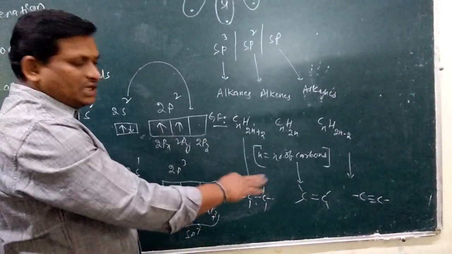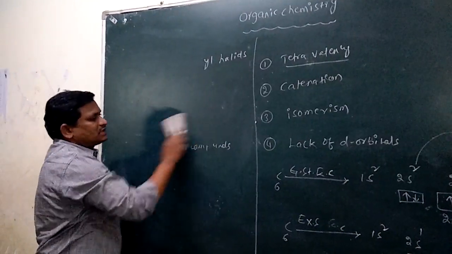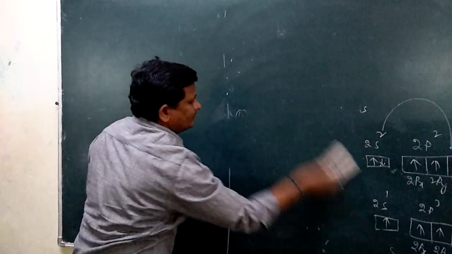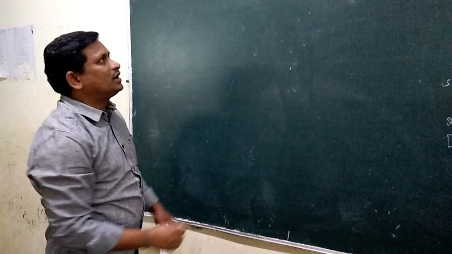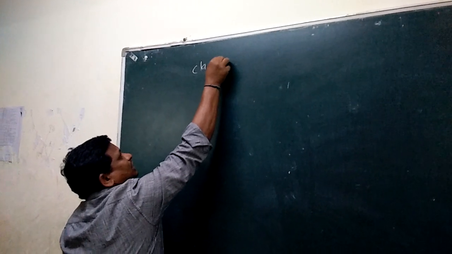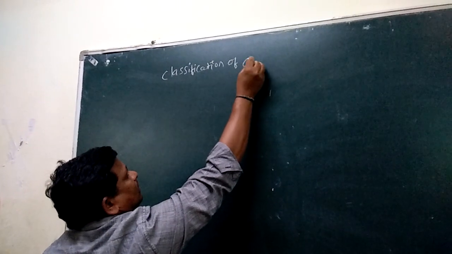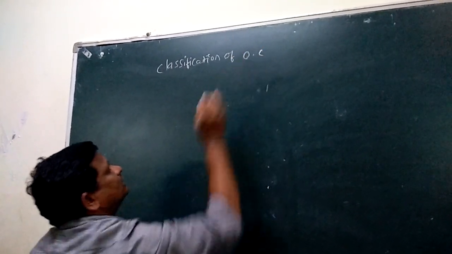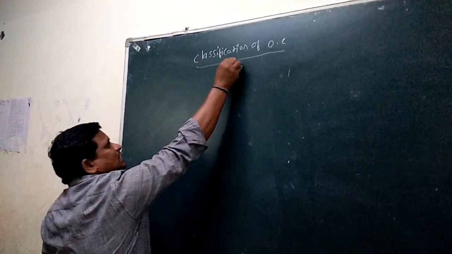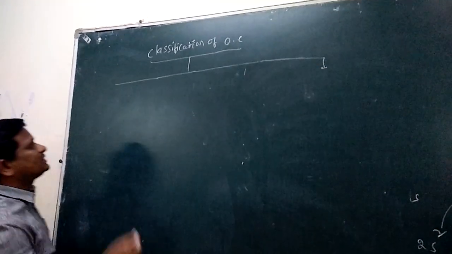Now, based on the nature of the bonding, organic compounds are classified into different types. Classification of organic compounds: organic compounds are broadly classified into two types.